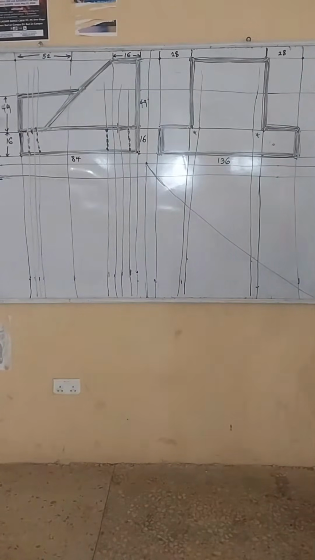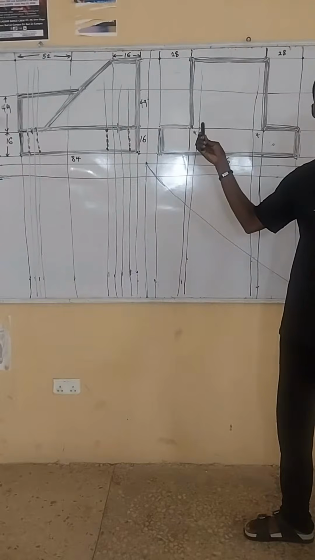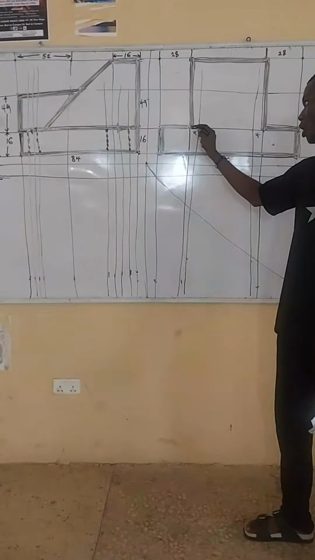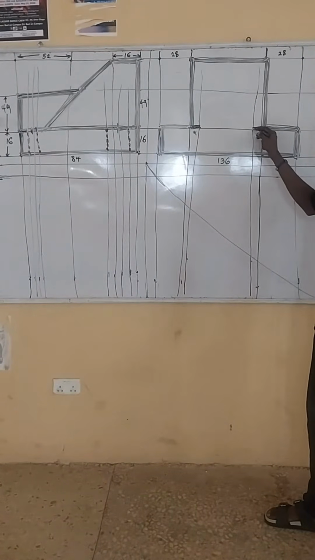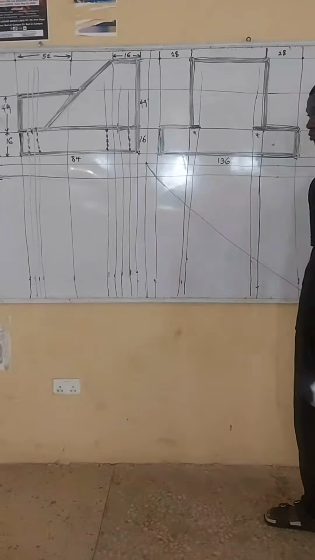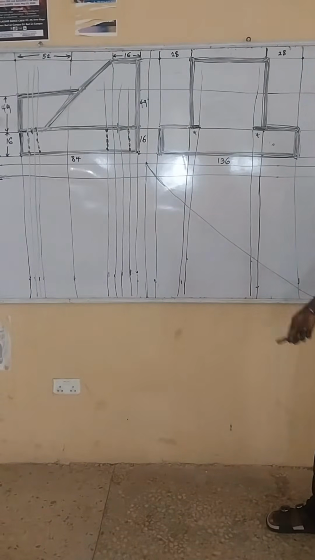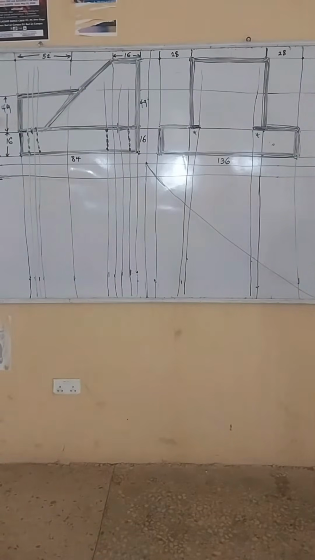Join and extend. So this little 0.4 here, it can be a straight line because we are going to use it. We can see it from our sketch. So that's 0.4 now. Have you done that?